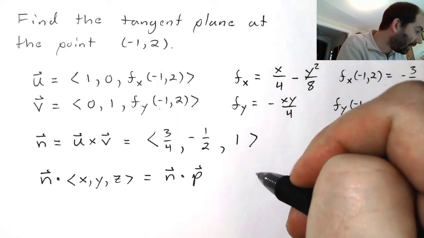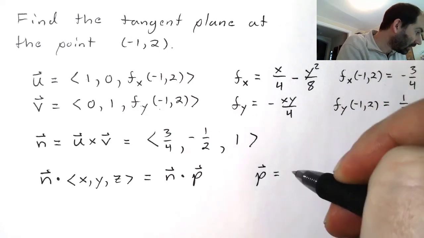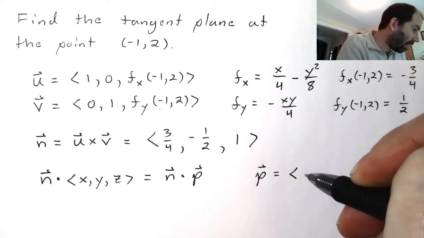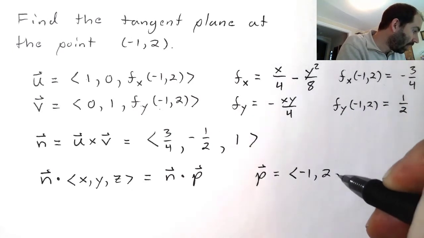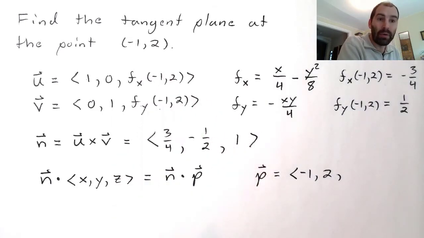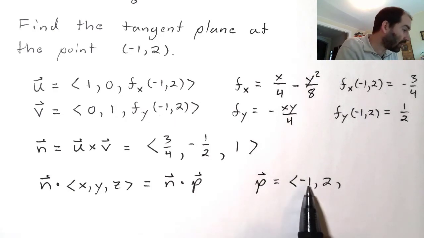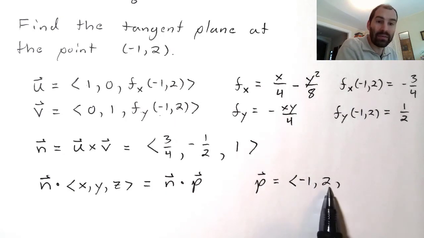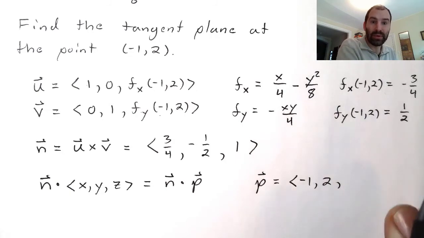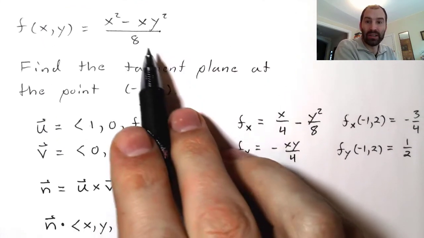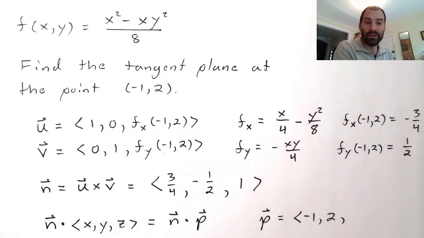Okay, so p is just going to be the point, and I'll write it as a vector, -1, 2. I just need that third component, that z component. Well, that's just the height of the graph, right? So that's just the function evaluated at -1, 2. So I just have to evaluate this function at -1, 2.